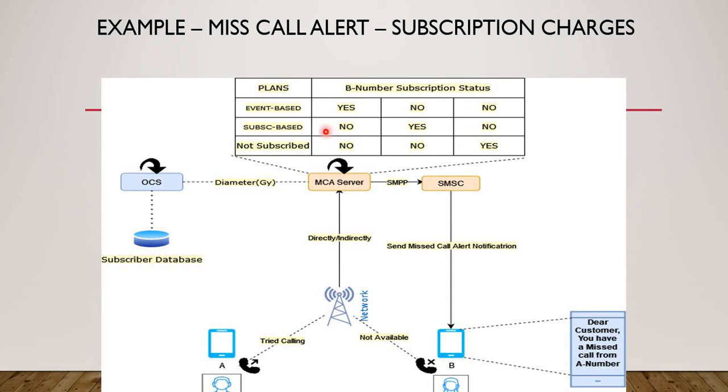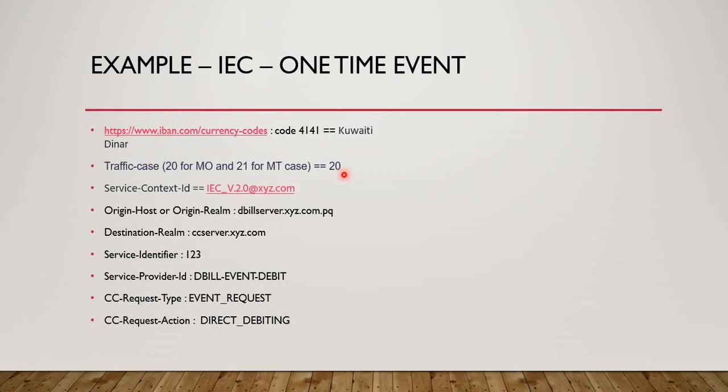This is an event based subscription, so MCA will first deduct from OCS. This will be an MT charging, MT while terminating. That's the reason we took two things, MO and MT. In my TCP dump you will see the 21 scenario; maybe I'll get an example of 21 also. I'll try to search here.